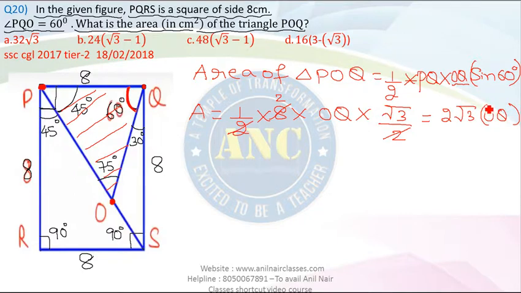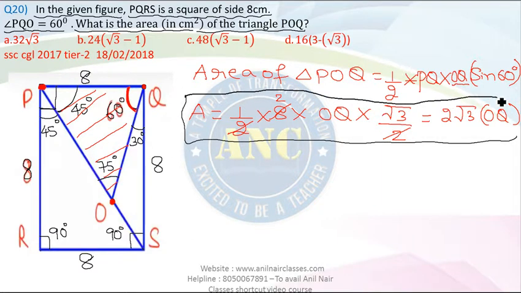If I know the value of OQ, I will substitute and get the area of the required triangle. But the only unknown thing at this present moment is the value of OQ. I don't know the value of OQ at this moment. I will try to find that value now. Sir, how can you find the value of OQ? Can you please educate me?